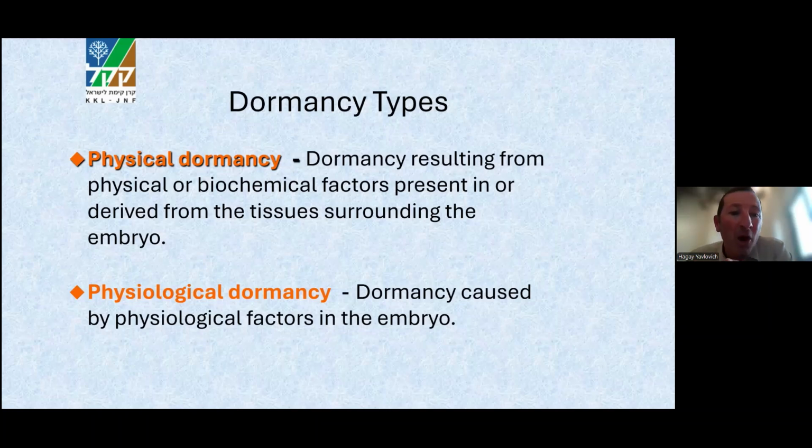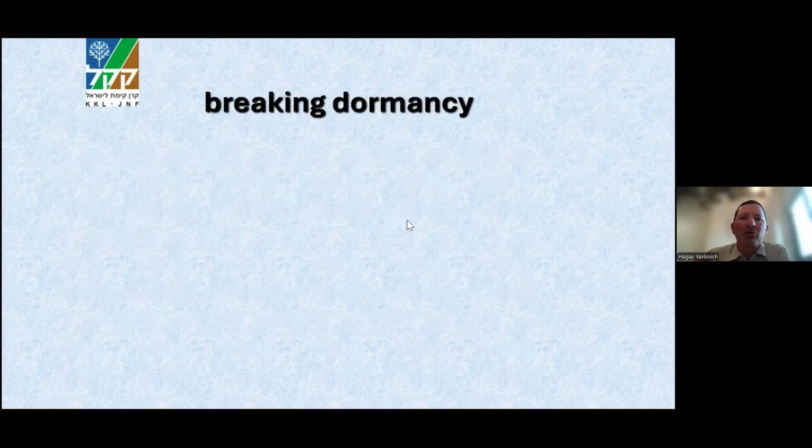The other is physiological dormancy, caused by physiological factors inside the embryo. Physical dormancy is from outside and physiological dormancy is from inside the embryo. And how do we solve these dormancy types? How do we break the dormancy?